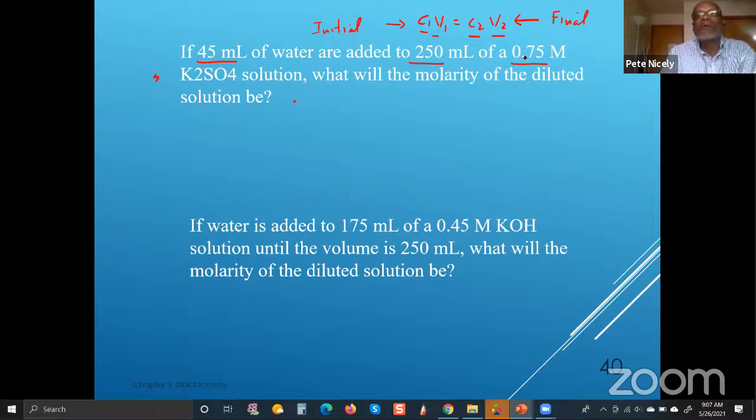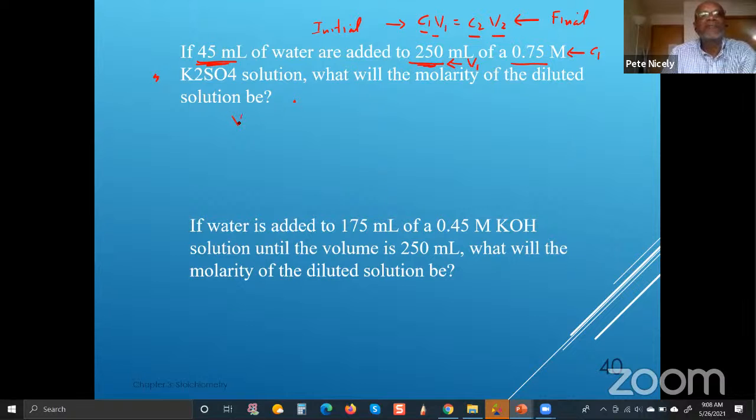So immediately I will identify this here, the 0.75 as C1, and then the 250 mLs, I would identify that as V1. Now the question is, what is V2? Well, V2 would be the result when you add the 45 mLs of water to the 250 mLs of the solution.